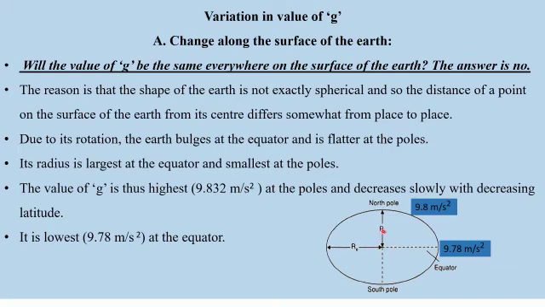As this distance at the poles is lesser, or the radius is lesser, we find that the value of g will be highest, and it will be lowest at the equator, that is 9.78. So this is the first factor that is influencing the value of g: as the distance goes on increasing, the value of g goes on decreasing, whereas as the distance goes on decreasing, the value of g goes on increasing.